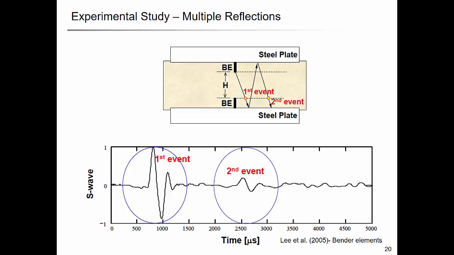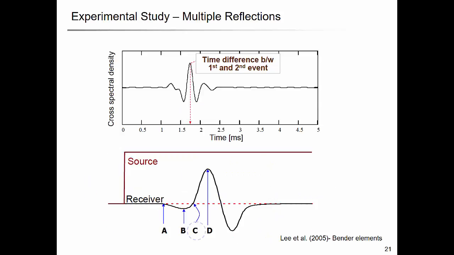To find out the similarity inside this signal, we can do the cross-correlation or autocorrelation, right? If you do the autocorrelation, you can find out the travel time between two signals. Right? So if you do the autocorrelation, do you remember what that is?